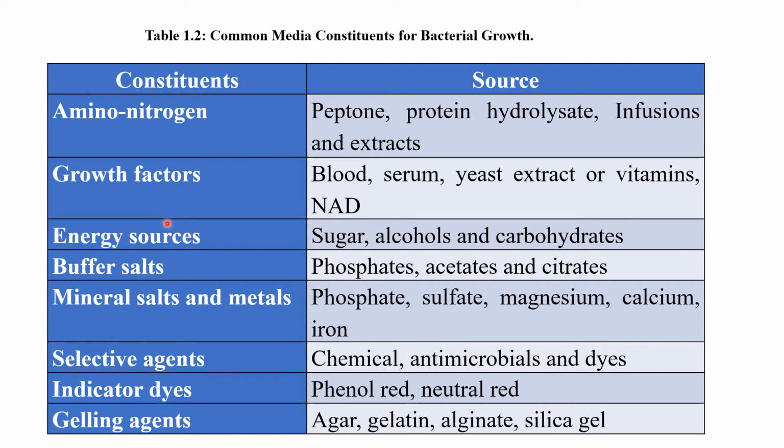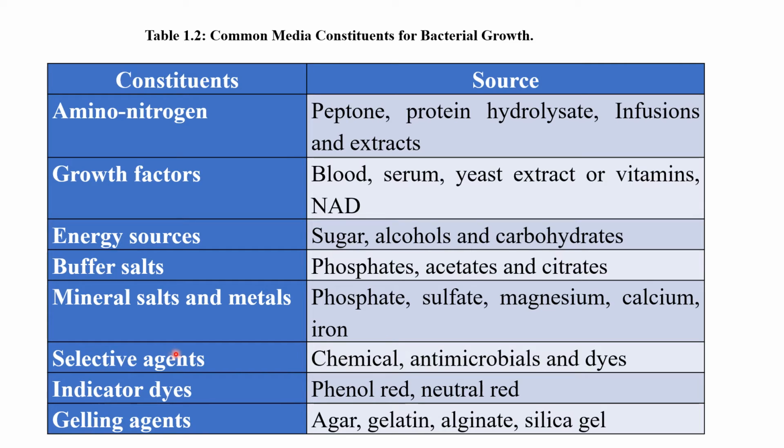Energy sources can be supplemented by using sugar, alcohol and carbohydrates. Buffer salts can be supplemented by using sources like phosphate, acetates and citrate. Mineral salts and metals can be supplied by using phosphate, sulfate, magnesium, calcium and iron.